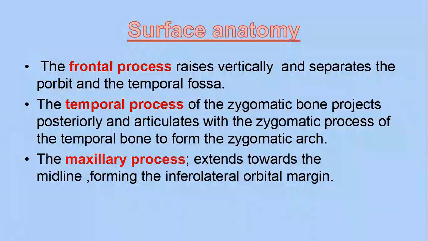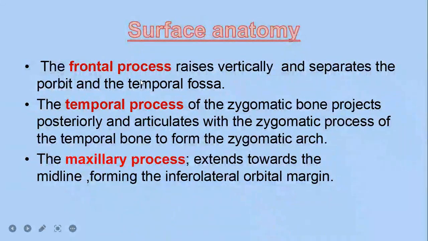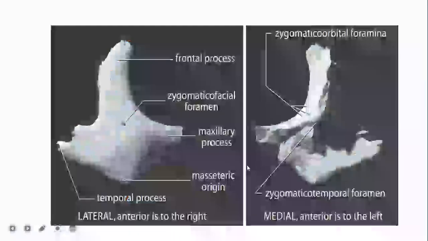The temporal process of the zygomatic bone projects posteriorly and articulates with the zygomatic process of the temporal bone to form the zygomatic arch. The maxillary process extends towards the midline, forming the inferolateral orbital margin. So let's check at least this frontal process, temporal process, and the maxillary process, of which we've been able to identify the best description.